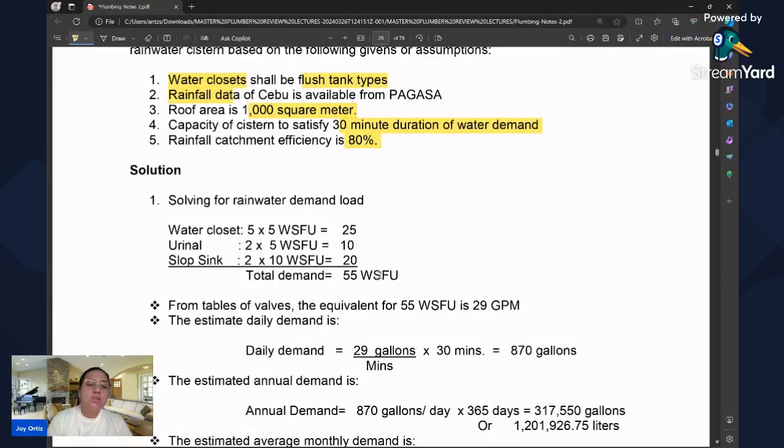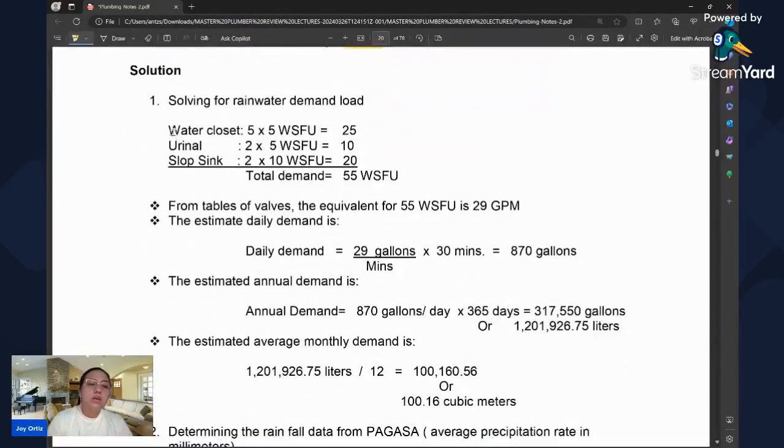To solve the rainwater demand load, first we have the water closets: 5 times 5 WSFU, that is 25. Urinals are 2 by 5, that is 10. Slop sinks 2 by 10, that's 20. Overall, 55 WSFU. From the tables, the equivalent for 55 WSFU is 29 GPM.